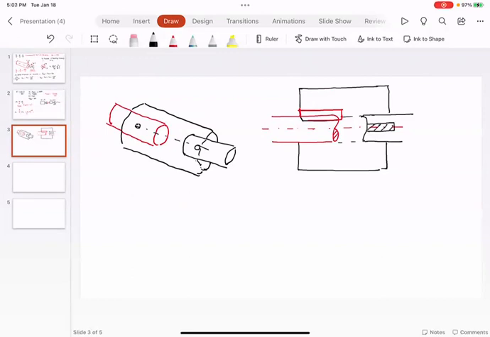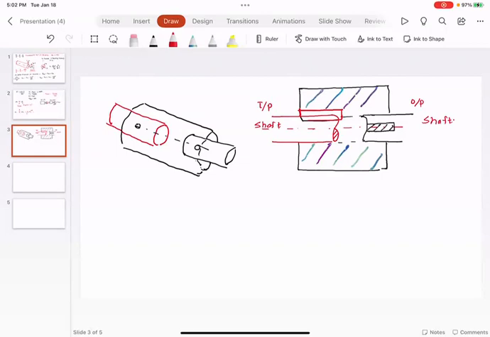Typically, these two keys are perpendicular to each other. And this is the hub. This is the circular hub. So this is, say, the input shaft. This is the output shaft. And you have this key.